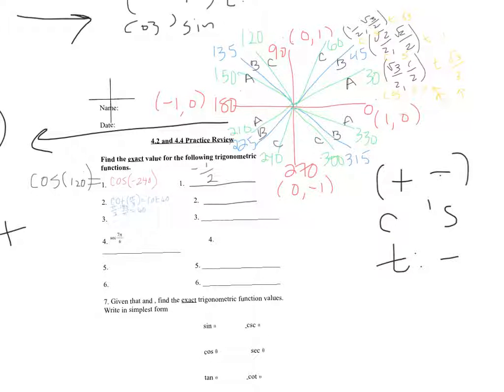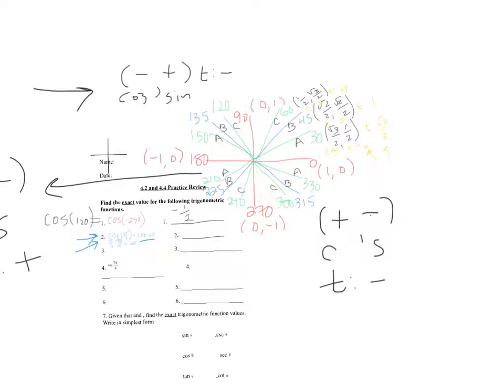So for number 2, it says, what's the cotan of pi over 3? So first, I prefer to work in degrees. So I converted pi over 3 to degrees by multiplying by 180 over pi, and you get 60. So you can ask yourself, what's the cotan at 60? So we need to go to 60 degrees, and again, I always like working with sine, cosine, and tan. So when I go to 60 degrees, I'm right here. That's the spot I'm looking at. But I'm going to work with tan.